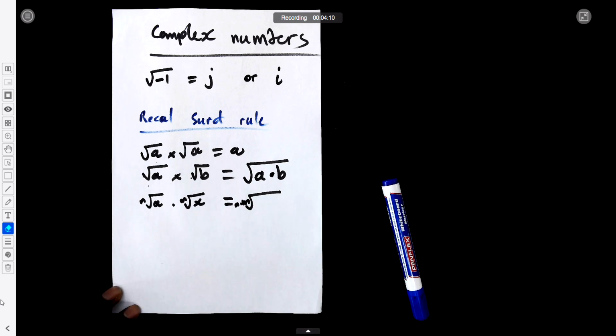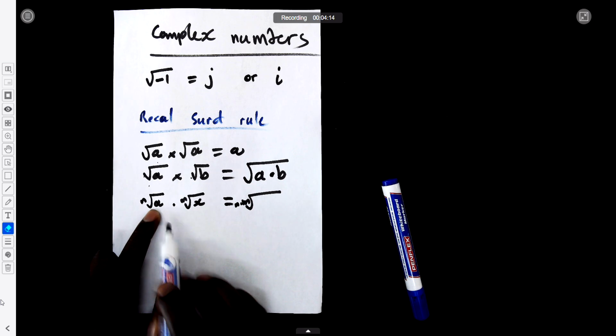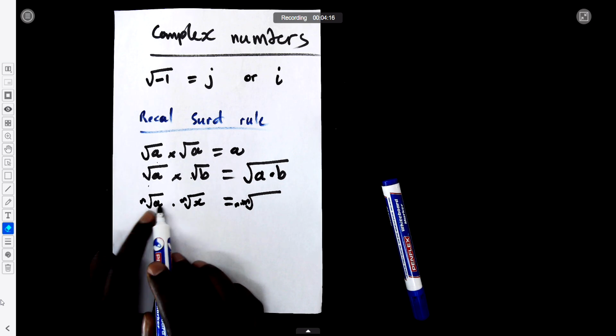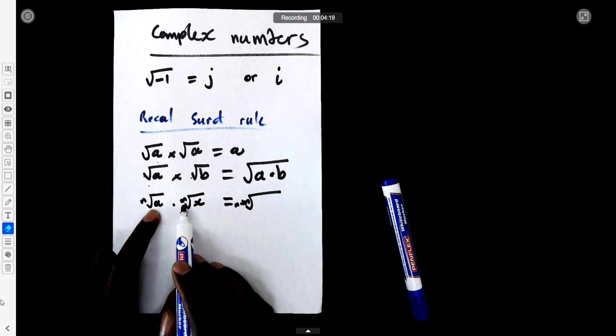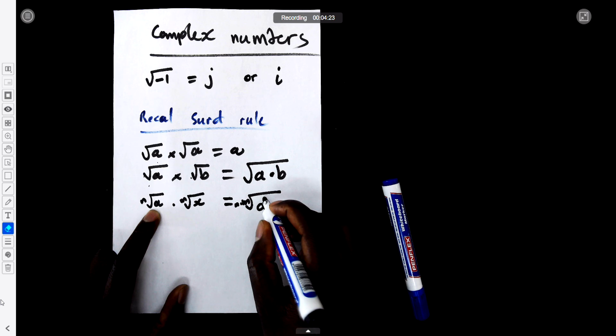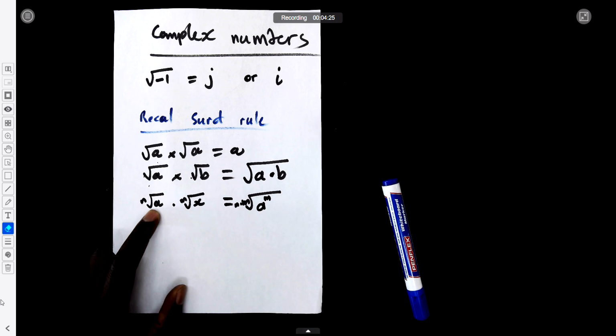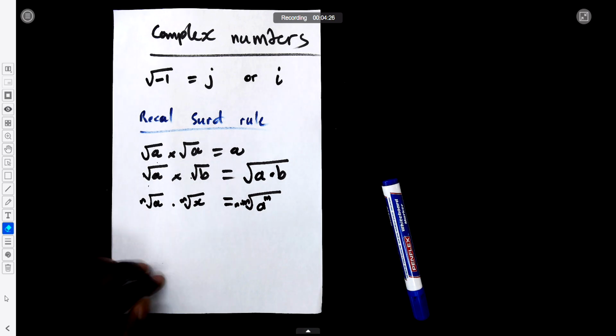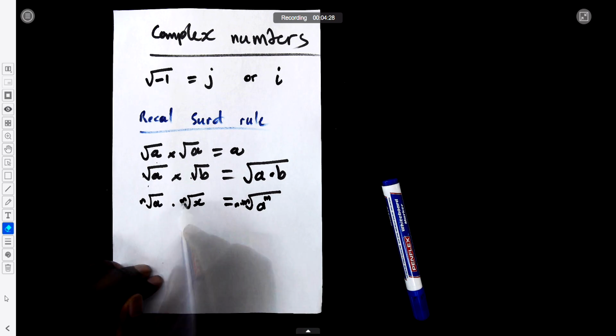Therefore, the factor inside the nth root is going to be multiplied by the exponent of the mth root. So you're going to say a to the power of m. So its exponent is multiplied by m.